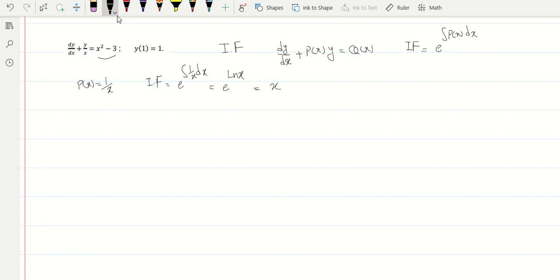After we found the integration factor, we're just going to multiply this integration factor to both sides of the equation. So we have x times dy by dx plus x times y over x is equal to x times x squared minus 3.